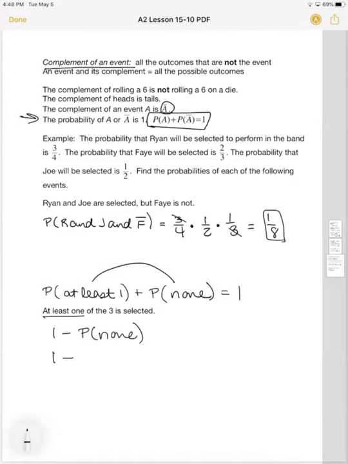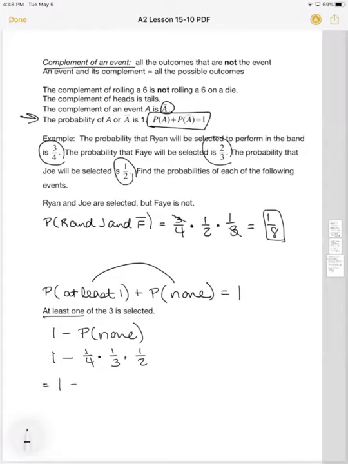Well, Ryan is 3/4, so not Ryan is 1/4. And I would have a not Faye. And we already did that one. Not Faye would be 1 minus 2/3, or 1/3. And then not Joe would still be 1/2, same as Joe making it.